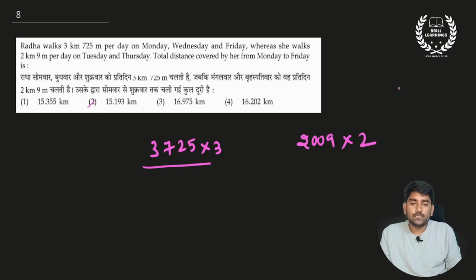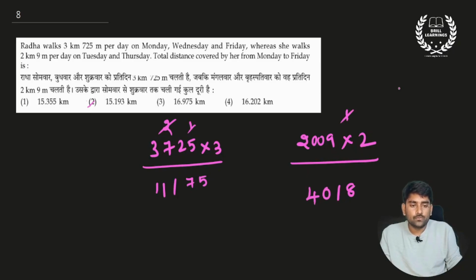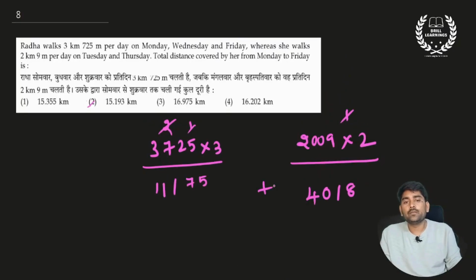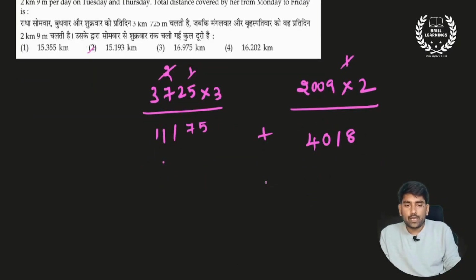First calculate these values. 3 5s are 15, 3 2s are 6, 7, 3 7s are 21, 3 3s are 9, 11. Calculate these also. 9 2s are 18, 2 zeros 0, 2 2s 4. Add these two values, then you will get the total distance covered. So add these values, 4018.